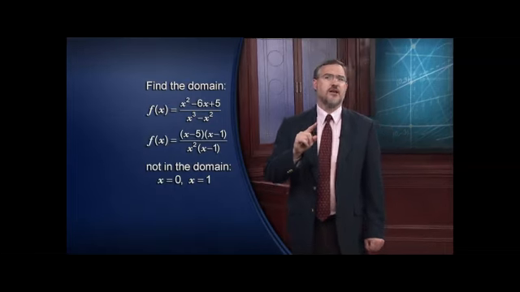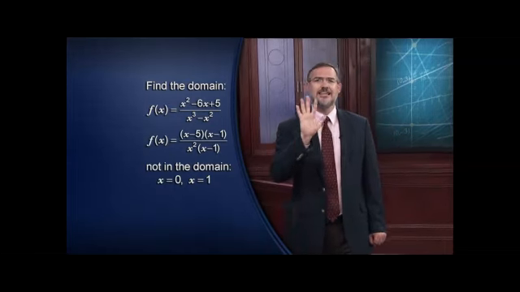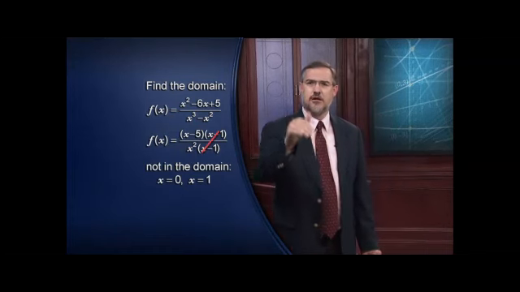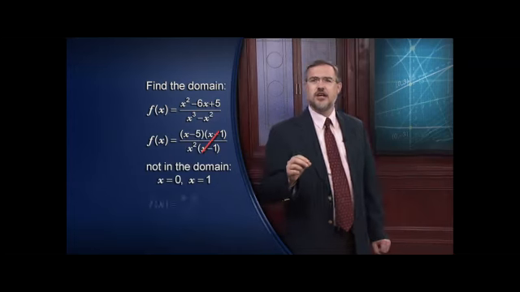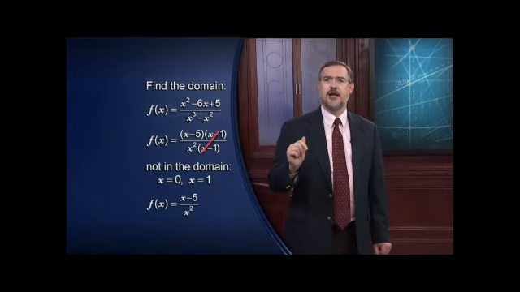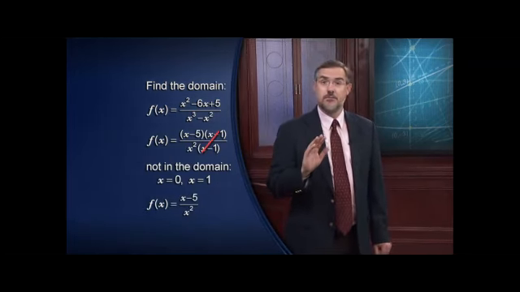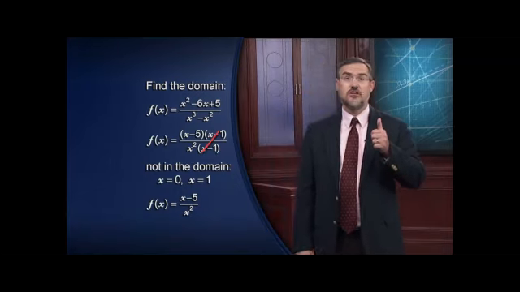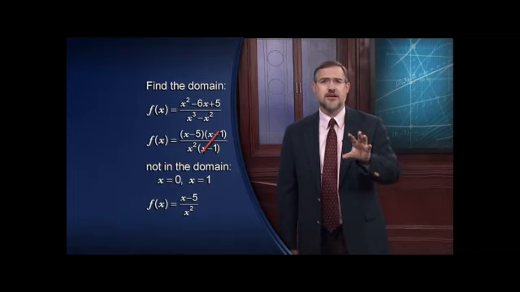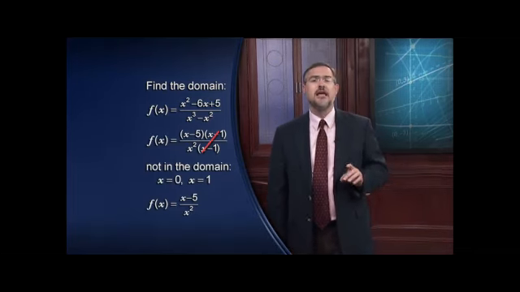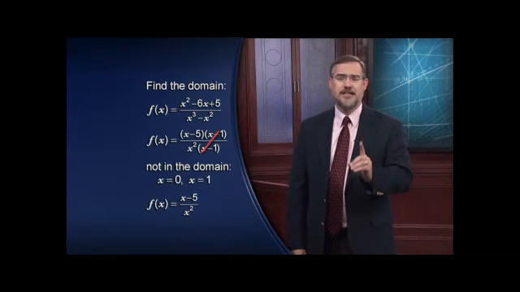Now, some students might say, wait a minute, I can cancel an x minus 1 from both the numerator and the denominator and rewrite the function as x minus 5 divided by x squared. Well, let me be clear. That cancellation is fabulous. And the rule that you now have written down for f of x, which is x minus 5 over x squared, is allowed to be simplified in that way.